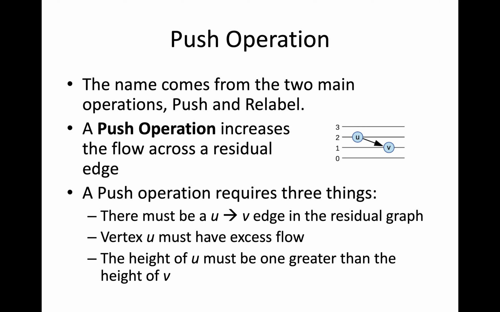All right, the push operation, and I didn't tell you what it actually does. If all these constraints are met, and again, just reading them off the slide, there has to be a non-zero weight edge from U to V in the residual graph, U must have some excess flow, and the height of U must be 1 greater than V. If all those conditions are met, then you're going to push as much additional commodity as you can from U to V. You're going to increase the flow across this edge by as much as you can.